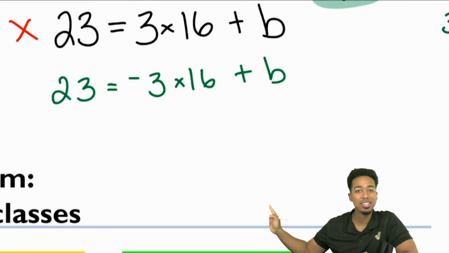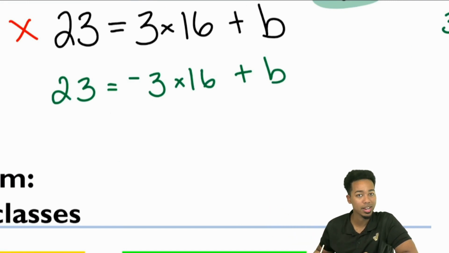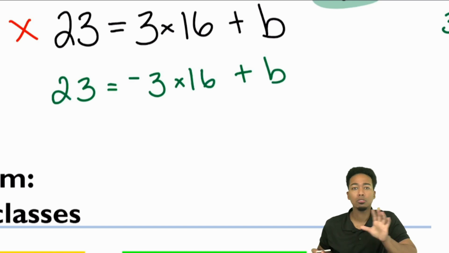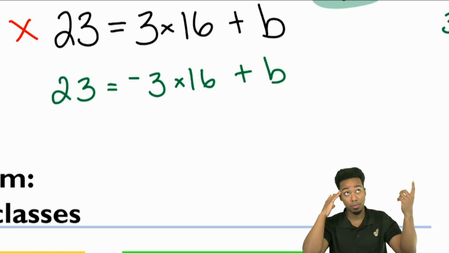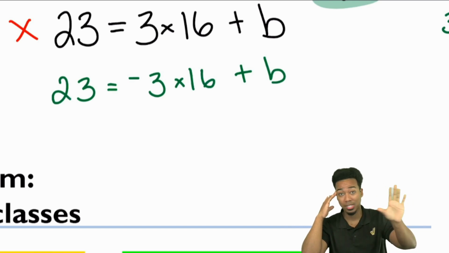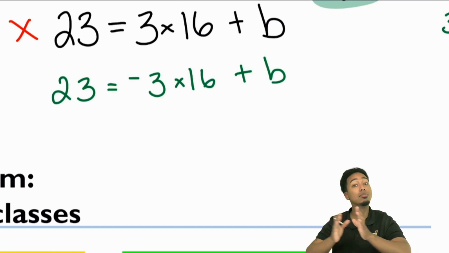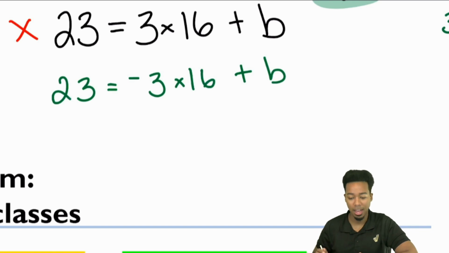Everybody, look at how simple it is to solve now that we have this set up correct. What's negative 3 times 16 going to be? And for those of you that are a little apprehensive about negatives, just do the 3 times the 16 and then consider a negative times a positive. Negative times positive is negative, so just worry about the 3 times the 16, which will give us that 48.